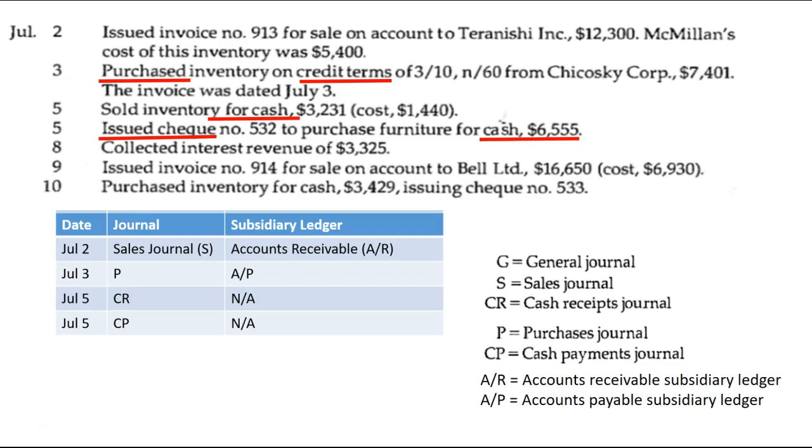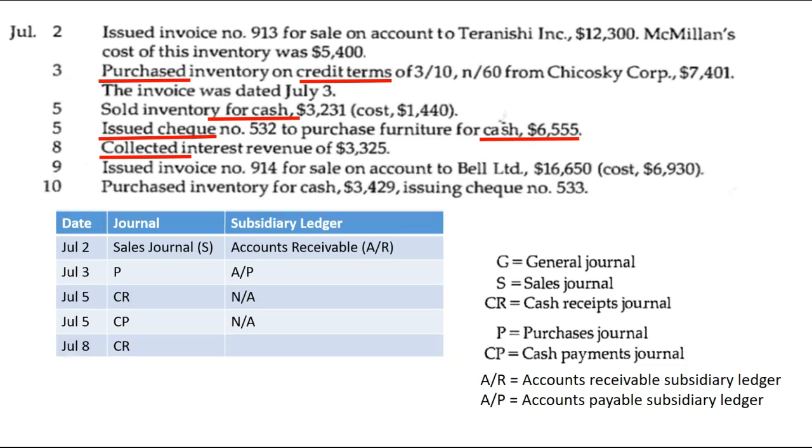Moving into July the 8th, we collected interest revenue of $3,325. So we've collected revenue, and it's in the form of cash. So effectively what we have is a cash receipts journal, and there's going to be no subsidiary ledger involved. Moving to the 9th, we issued an invoice for sale on account to Bell. That sale was for certain dollars, which is not particularly of importance.